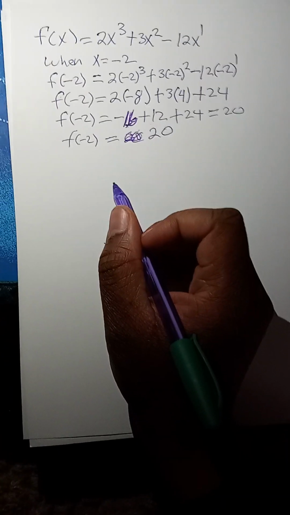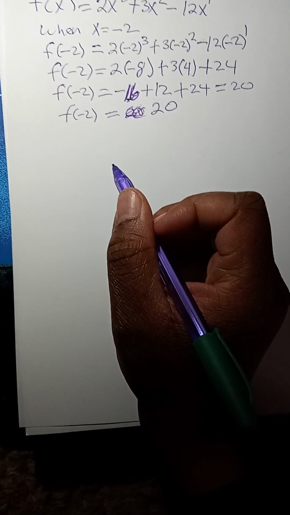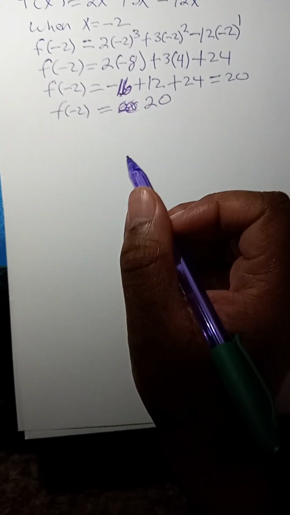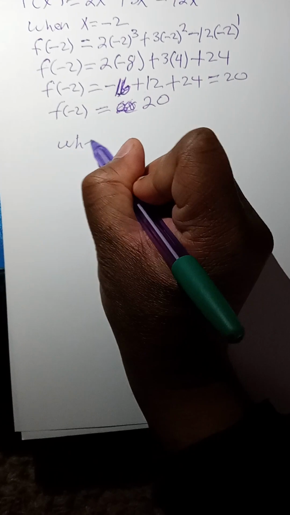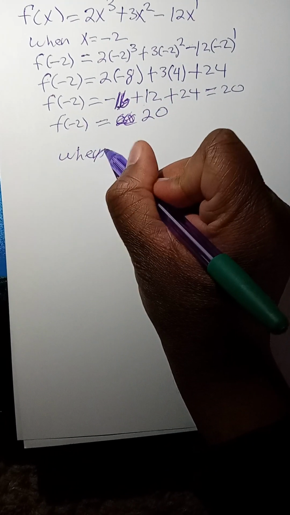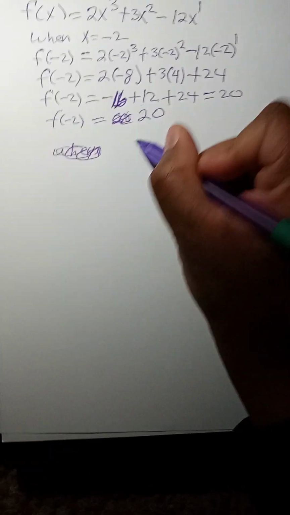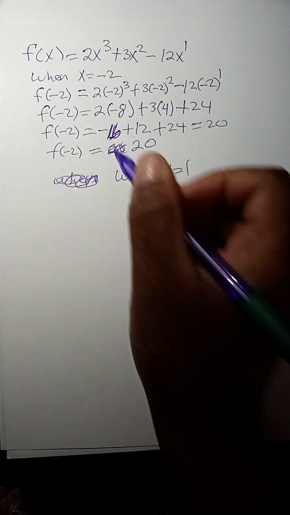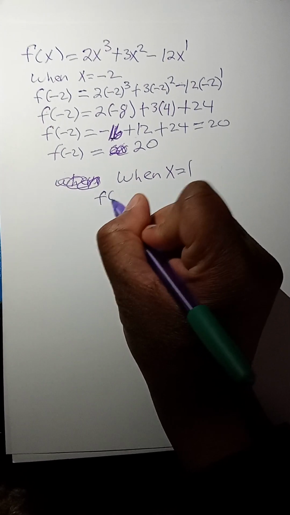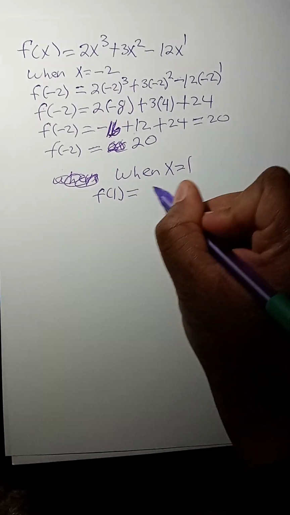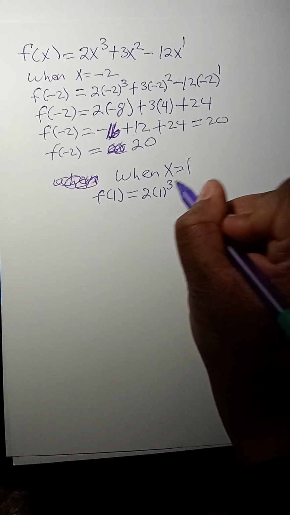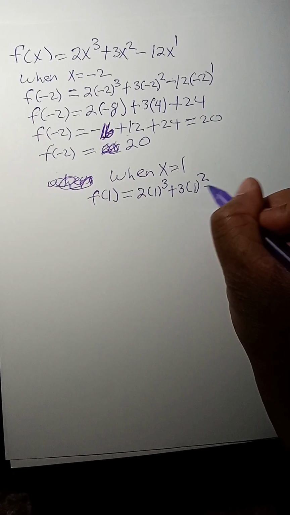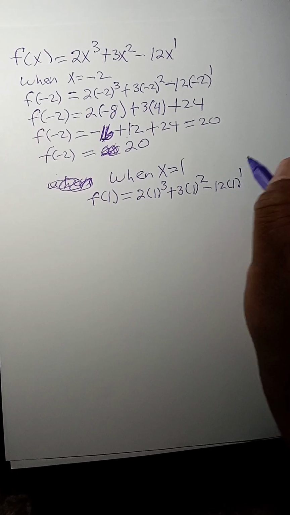So now let's work on f of 1. When x is equal to 1, we find f of 1, which is 2 times 1 to the power of 3 plus 3 times 1 squared minus 12 times 1 to the power of 1.